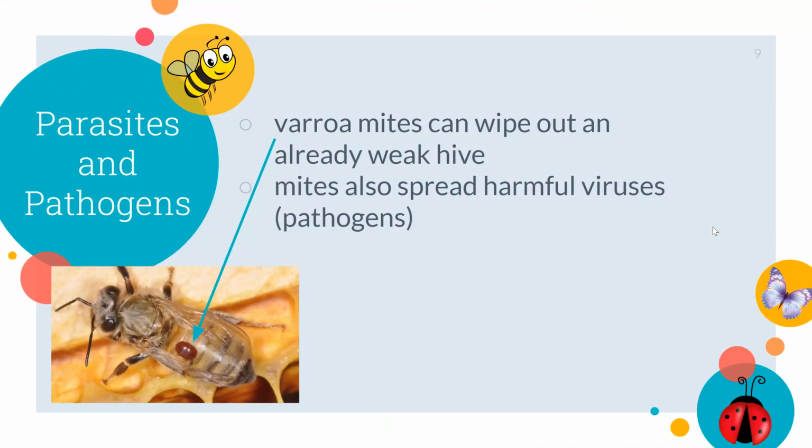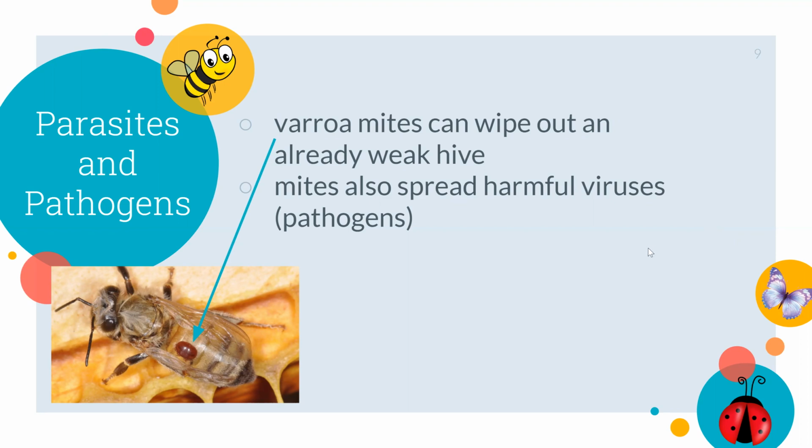So now we're going to go into the causes that target specifically honeybees, and then we're going to talk about the causes that specifically target native bees, now that we've seen the harmful farming practices that target both. So parasites and pathogens.